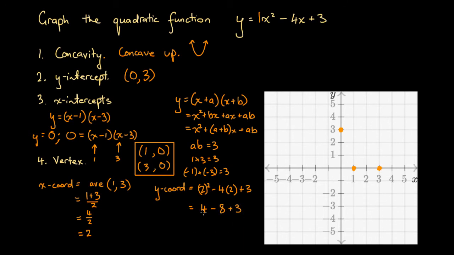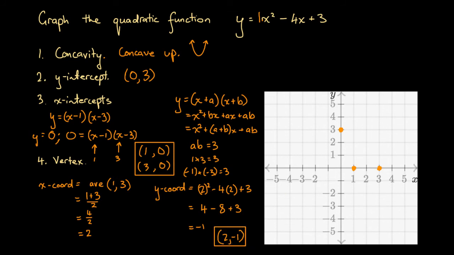Okay, we're going to have 4 minus 8, that's minus 4, plus 3, that's going to equal minus 1. In other words, the vertex will have an x-coordinate of 2 and a y-coordinate of minus 1. So the vertex is going to be the point 2, minus 1. So that's going to be our vertex.